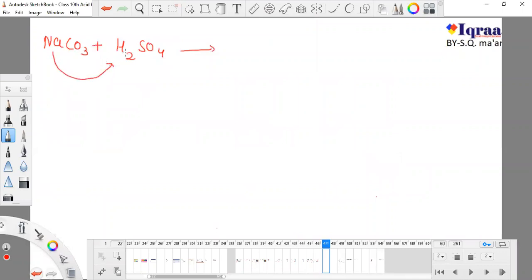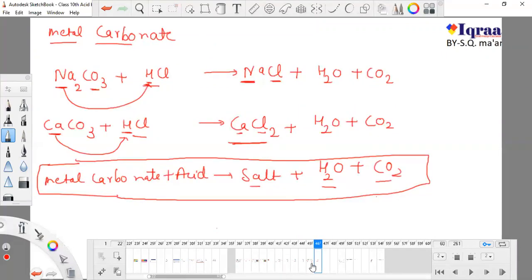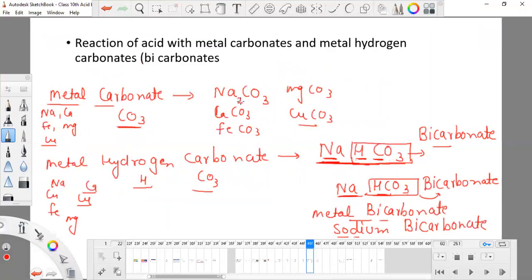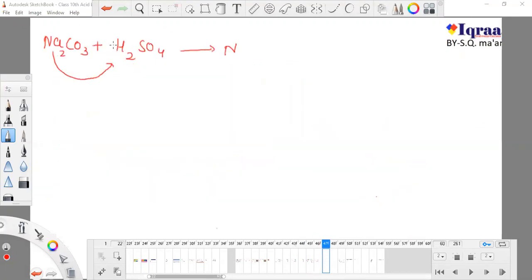Sodium has the capacity to replace H2, so with Na2CO3 it will form Na2SO4, and when these two things come together, it will form H2O and CO2 again.